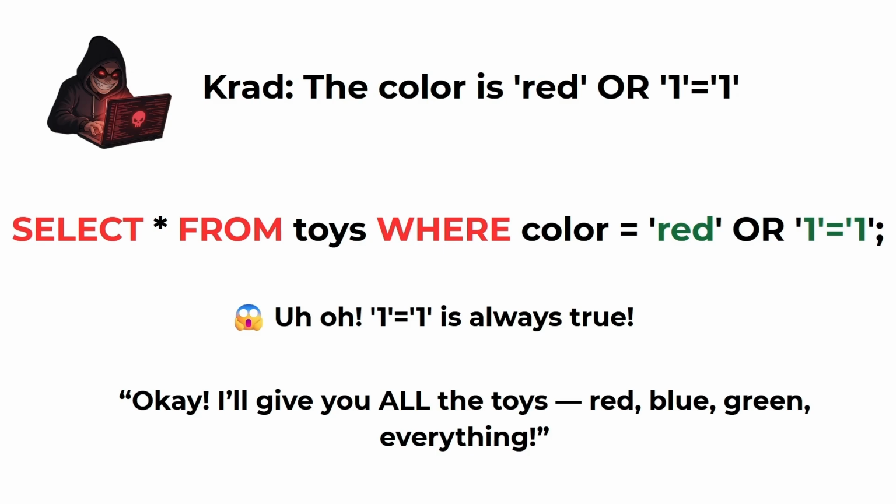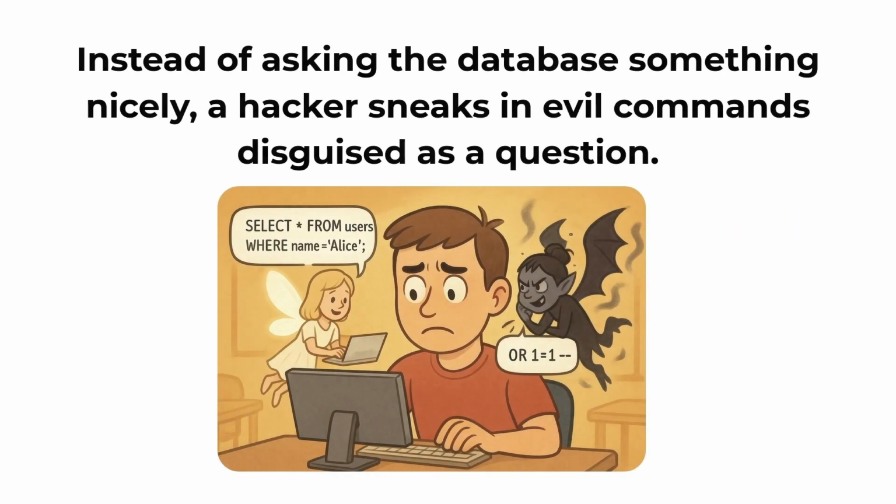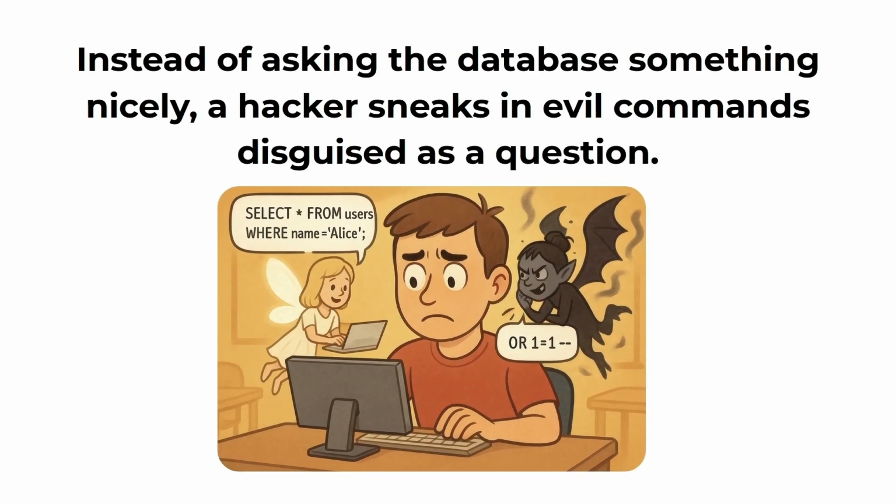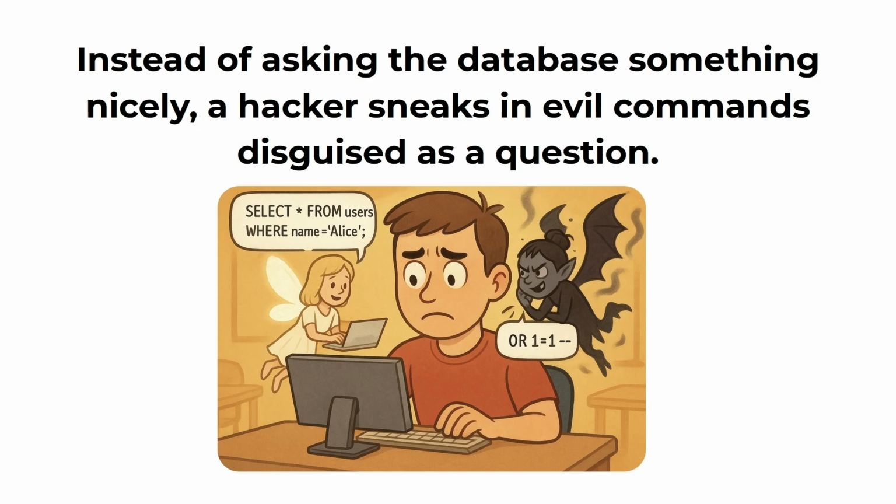The trick here is that 7 equals 7 is always true. So the database, instead of just showing red toys, thinks, okay, show me the red toys, or since 7 equals 7, which is true, just give him all the toys: red, blue, green, everything. This image perfectly illustrates the idea.